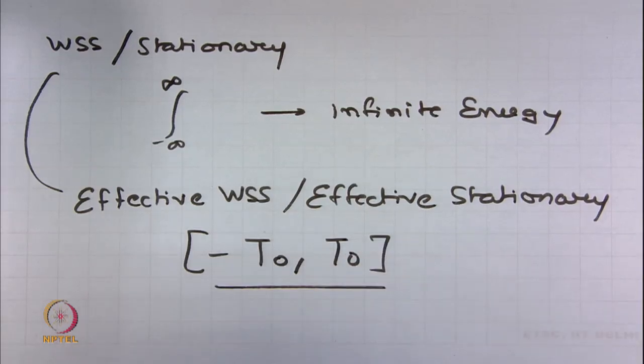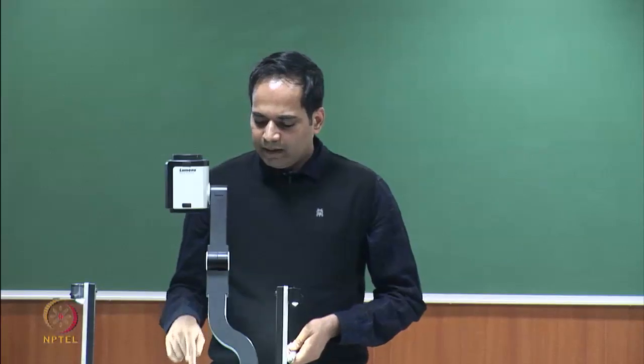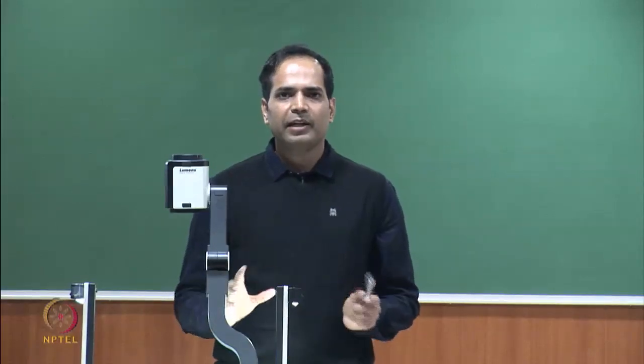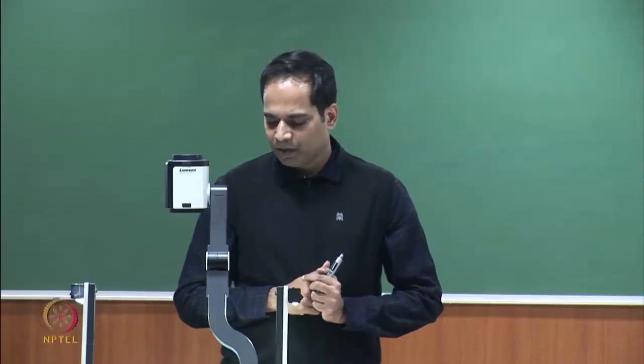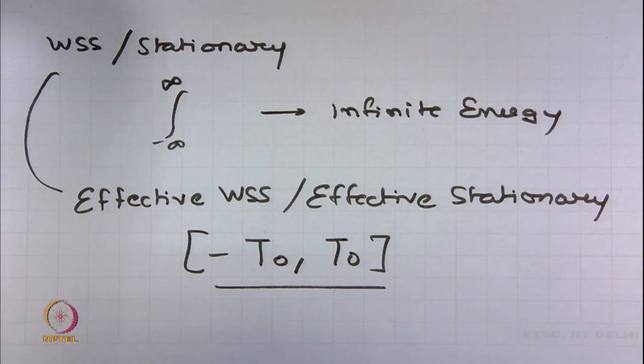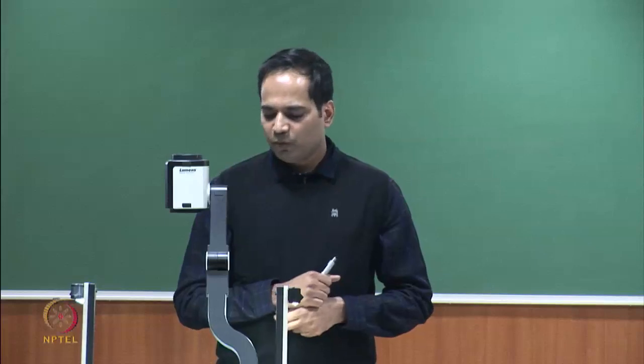The process is stationary only within this time interval, and after that the process does not exist, it becomes 0 or whatsoever. Then if you consider the process to be effectively wide sense stationary, it would have finite energy, because this process exists only between minus t naught to plus t naught, right. So, any effective wide sense stationary or effective stationary process would be a random process with finite energy, and all this L2 theory will work.